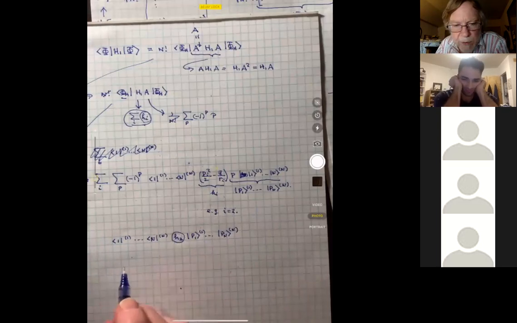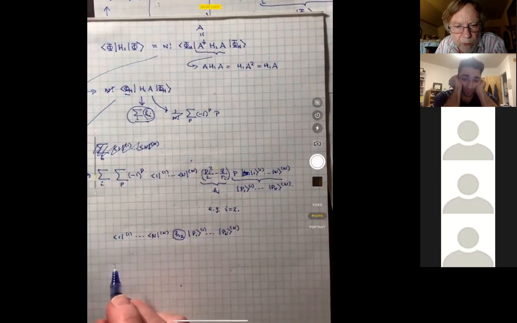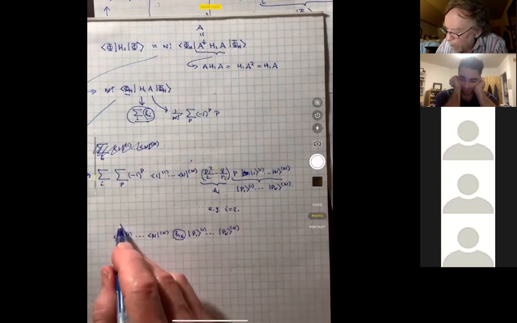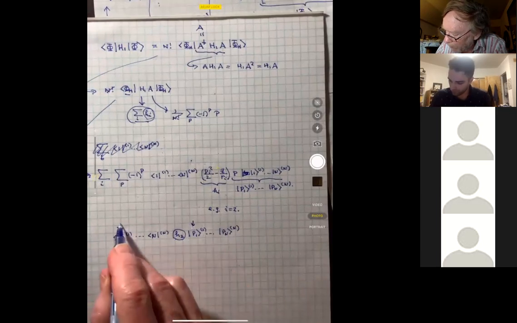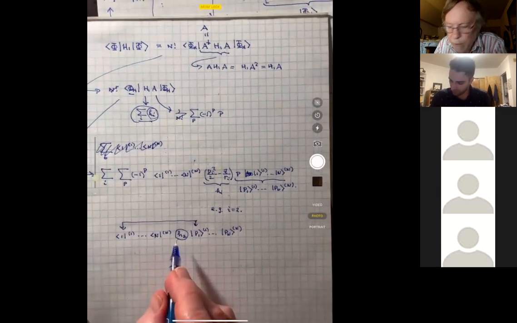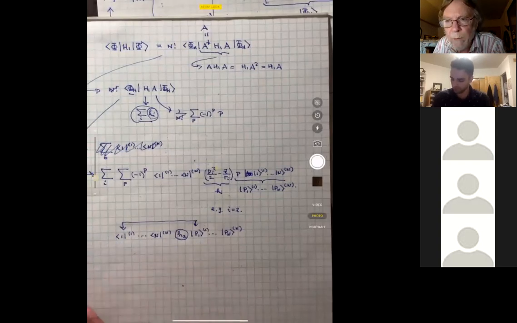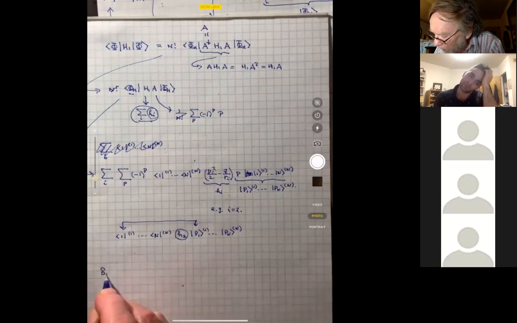Now H2 depends on the coordinates and momenta and spins of only particle 2. So the bra for particle 1 here and the ket for particle 1 over there on the two sides just shine right through that. They don't see it at all. And they therefore combine together by the orthonormality. Remember, our orbitals are going to be orthonormal, because this is Hartree-Fock theory. So they're going to combine by orthonormality and give us a Kronecker delta 1 P1 from those.